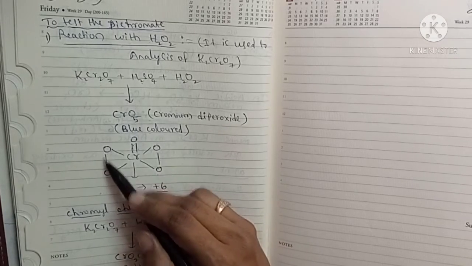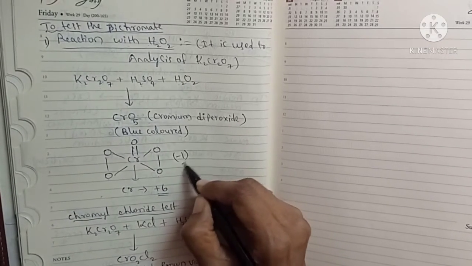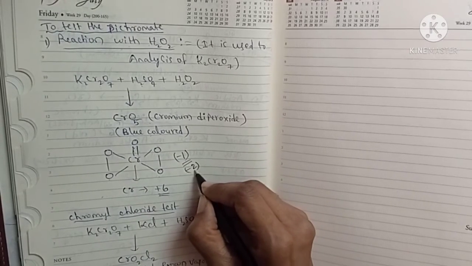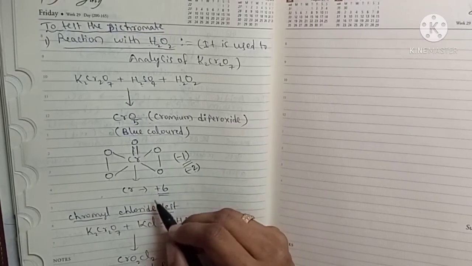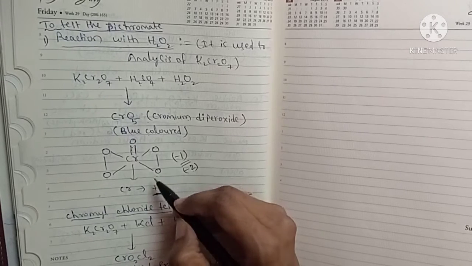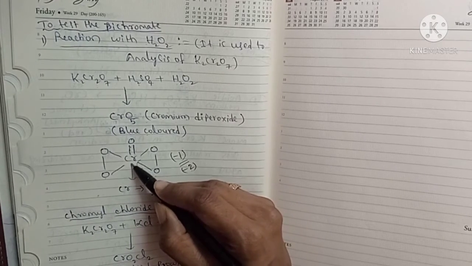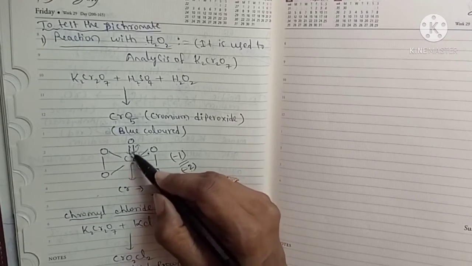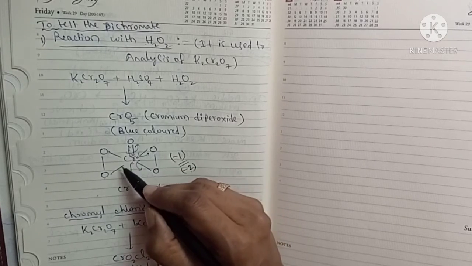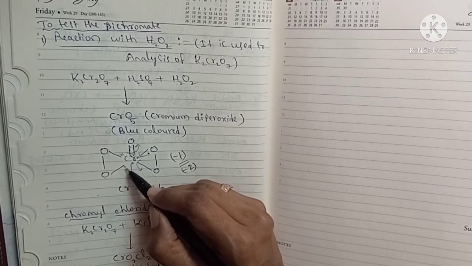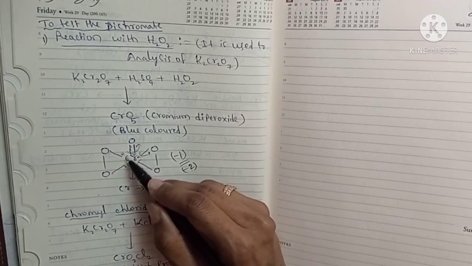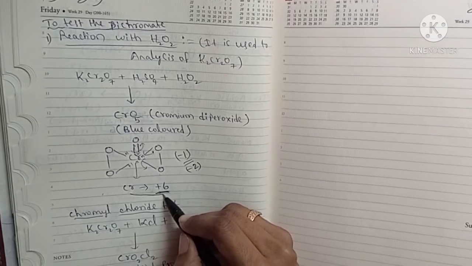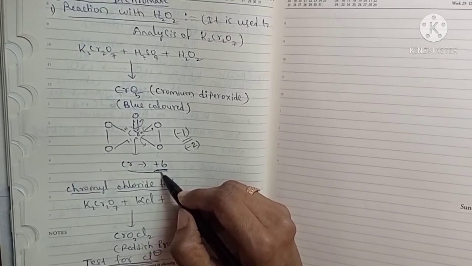Four oxygens are in -1 oxidation state and one oxygen is in -2 oxidation state. Chromium is in +6 oxidation state: due to this bond it gets +1, due to this bond +1, and due to the other bond movement +2, +1 and +1, total +6. Chromium, the central atom, is in +6 oxidation state. This is the test for dichromate.